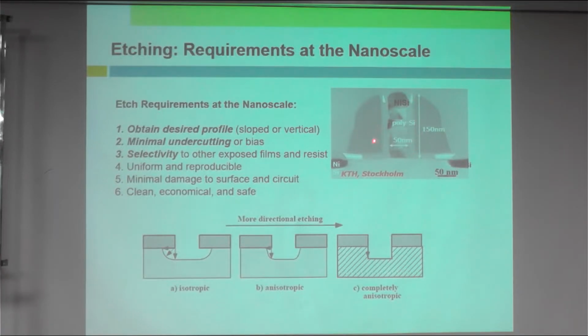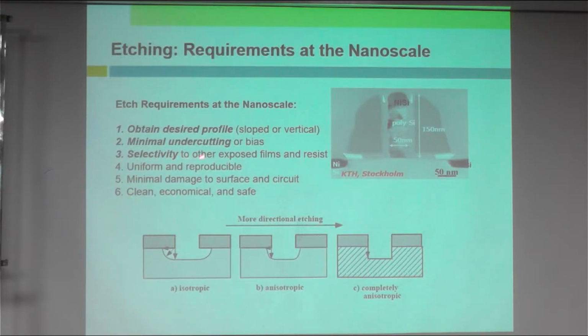So we want minimal undercutting or bias, a direct cut, because if you want a high aspect ratio, 150 nanometers compared with this side of 50 nanometers, which is three times bigger, then if undercut happens, all this will be removed. So you cannot get this kind of high aspect ratio structure at the nanoscale using wet etching.